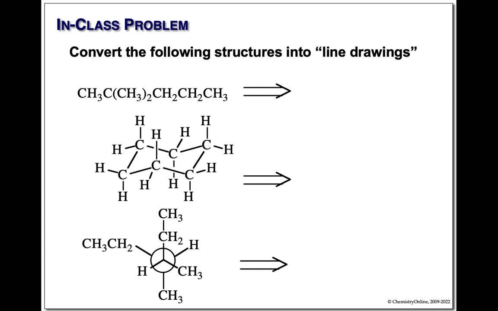In this condensed formula, we have a CH3, so this carbon's bonded here. This carbon has two CH3s on it, two methyl groups. The carbon is then bonded to this, which is bonded to this, which is bonded to that. So we have a total of 1, 2, 3, 4, 5 carbons in our chain.